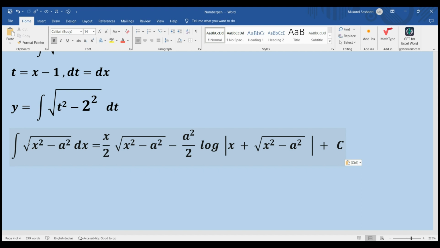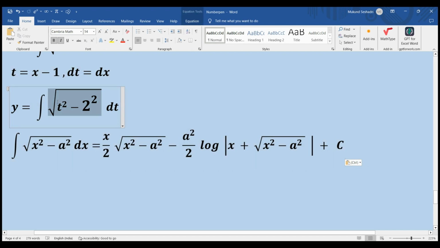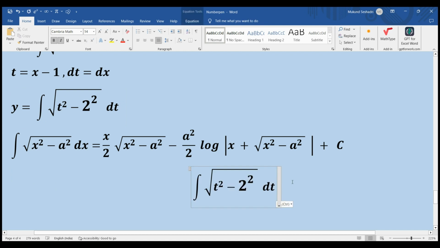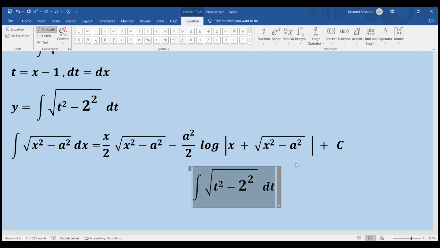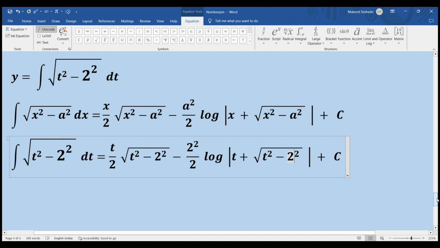And now what we're going to do is, in place of a I have a 2, in place of x I have a t. So all that we need to do is make the appropriate replacements to arrive at our y, right? So there we are, post replacement of x with t and a with 2, right?